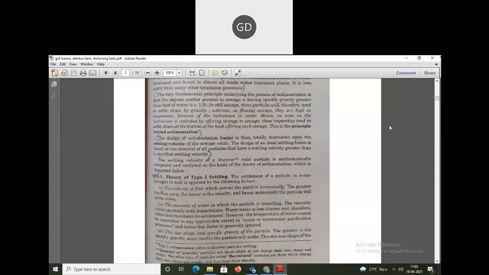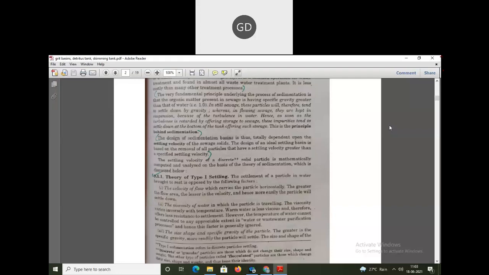The temperature of the water cannot be controlled to any extent. So the main thing is that the viscosity varies inversely with the temperature, so if the water is warm or hot, it is less viscous and will offer less resistance to the settlement.